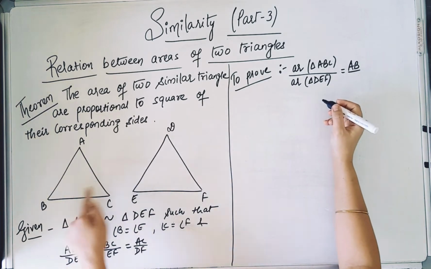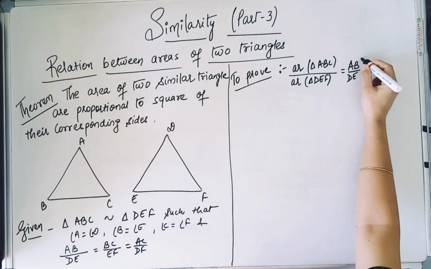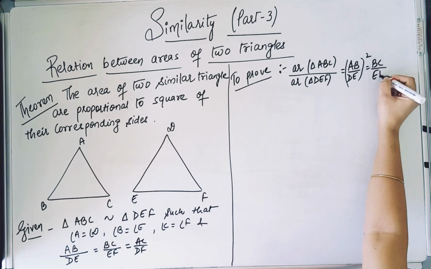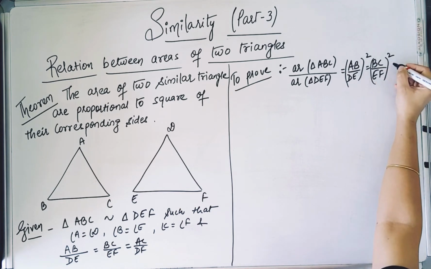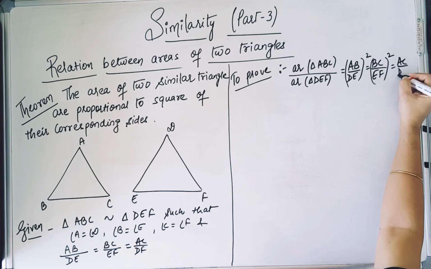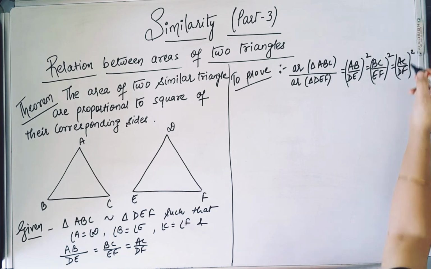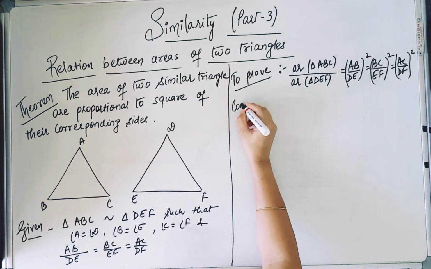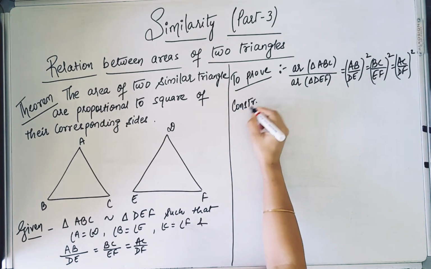So AB by DE whole square equals BC by EF whole square and this equals AC by DF whole square. To prove this we need to draw some construction.